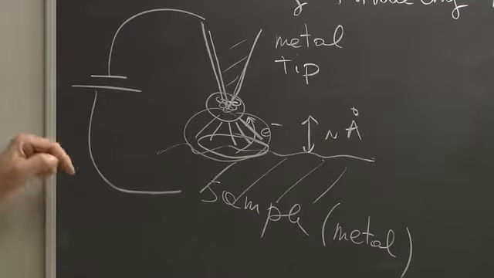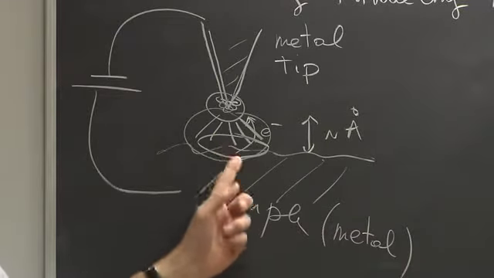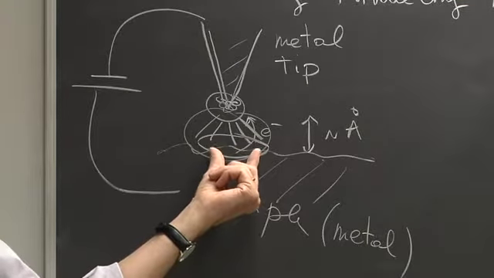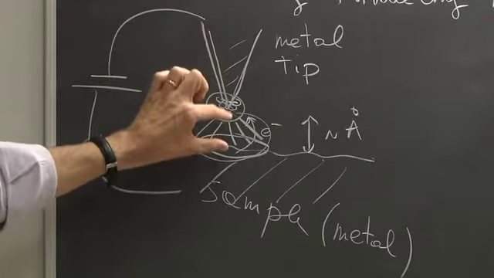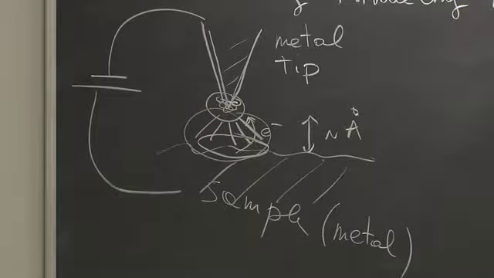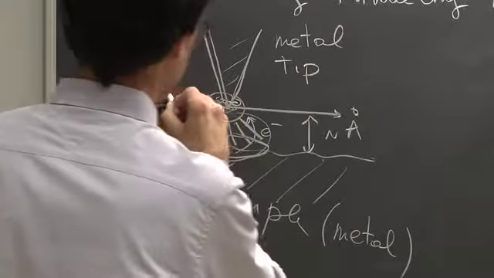So the point is that if you come close enough with your metal tip, you're going to extract electrons only from a region of space which is of comparable size to the distance between the tip and the sample. Now, suppose you now move your tip horizontally, like this.